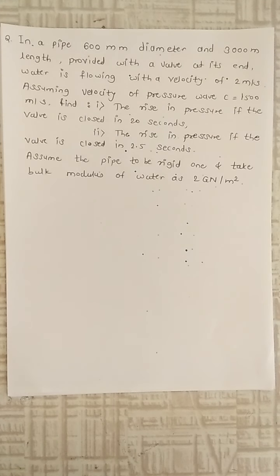Second one, the rise in pressure if the valve is closed in 2.5 seconds. Assume the pipe to be rigid and take bulk modulus of the water as 2 giganewton per meter square.